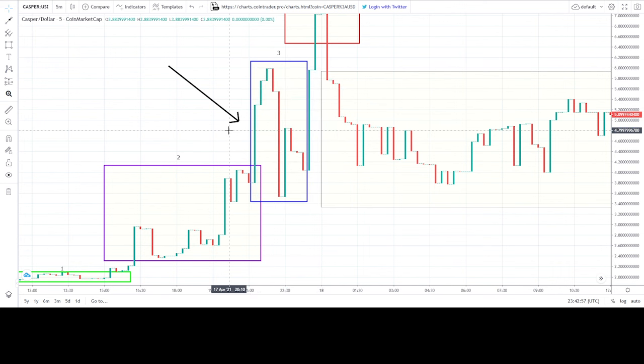Now, there's something important to understand about repeating structures or fractals that repeat. The fractal repeats, but the timing, the height, and the depth, all that is going to be original and unique to the new iteration. So what that means is we don't know how today's structure will play out in the sense of how high it will go, how long it will take to play out, or how deep something can decline.